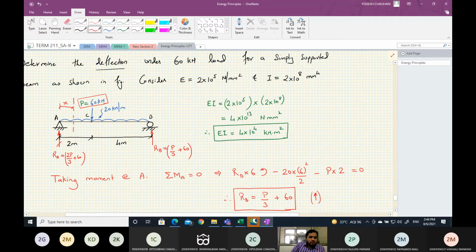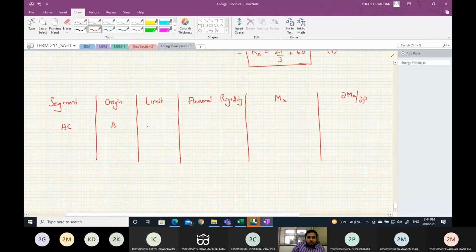So if you consider this segment AC and A as origin, so limit of this segment will be from 0 to 2 because it is 2 meter. Limit is 0 to 2.